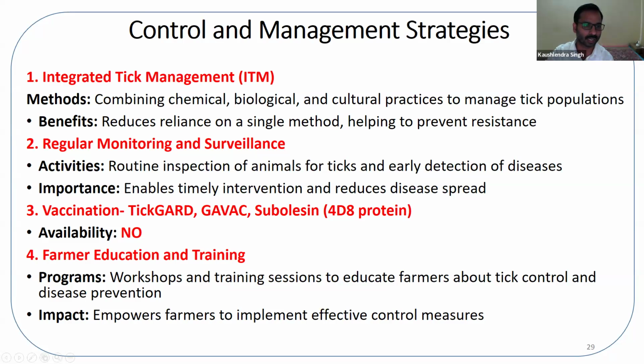Regular monitoring and surveillance, with routine inspection of the animals for ticks and earlier detection of the disease, enables timely intervention and reduces disease spread. Vaccines for ticks are TickGARD, Gavac, and Sublution. These are vaccines, but they are not effective and not available now.